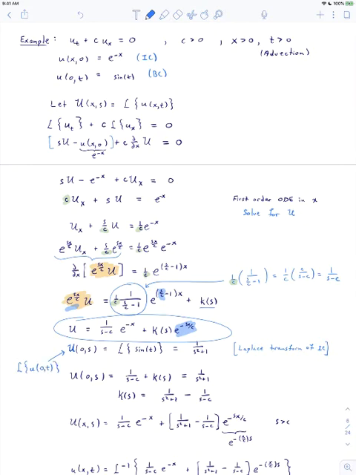But we know what that is. That's sine of t. So the Laplace transform of sine of t is 1 over s squared plus 1. So what that tells us is what capital U is when x is equal to 0.